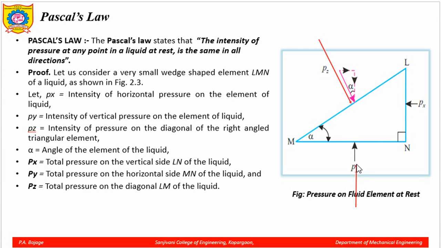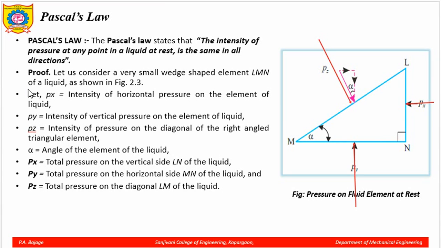Again Py is the pressure acting in the y direction and Px is the pressure acting in the x direction. So, here you can clearly see a triangular liquid element which is in the static condition having an angle alpha.